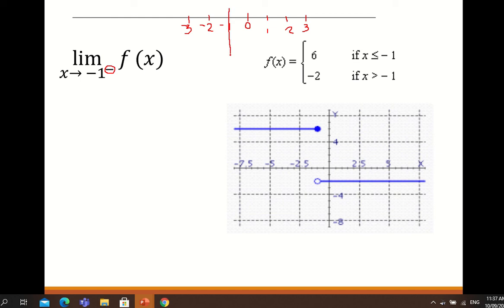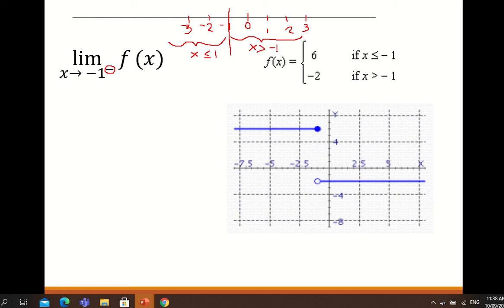The values of x belong to this interval, where x is less than or equal to -1, and the other side is where x is greater than -1.